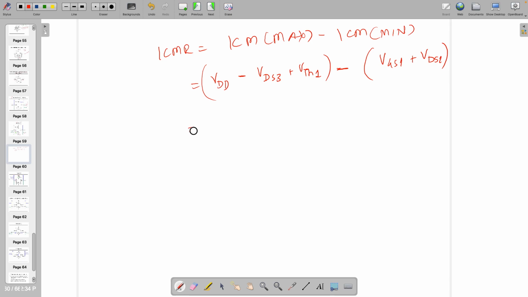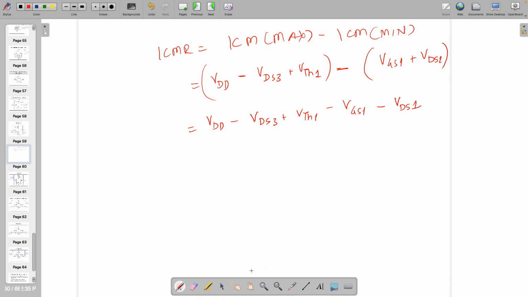So you can keep the exact value: VDD minus VDS3 plus VTH1 minus VGS1 minus VDS2. So this is the input common mode range which you can apply at the input side. Max and min values are already available to you. Whatever small tiny range is available, in that region you can apply the voltage.